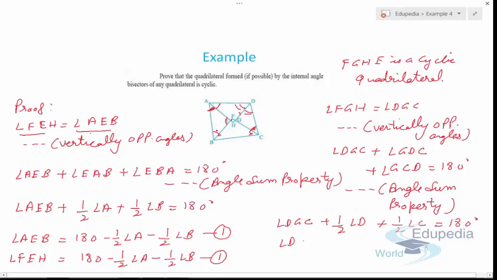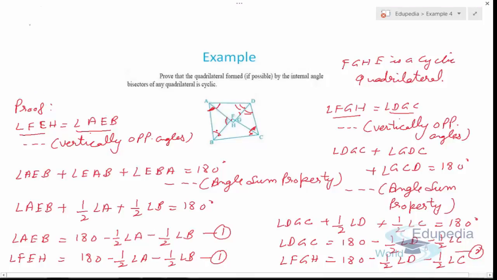So angle DGC can be written as 180 minus half of angle D minus half of angle C. Now angle DGC equals angle FGH, so angle FGH equals 180 minus half of angle D minus half of angle C. Let it be equation 2.